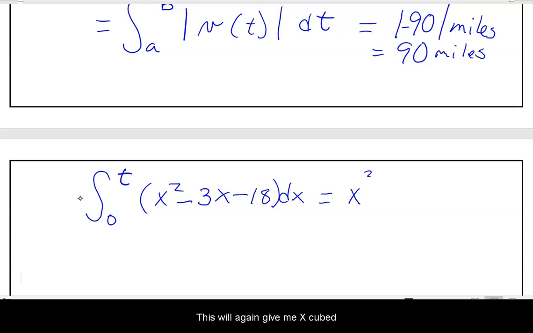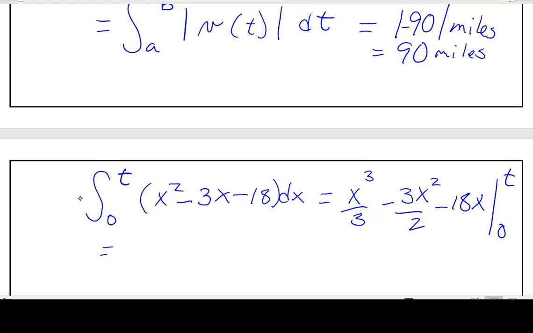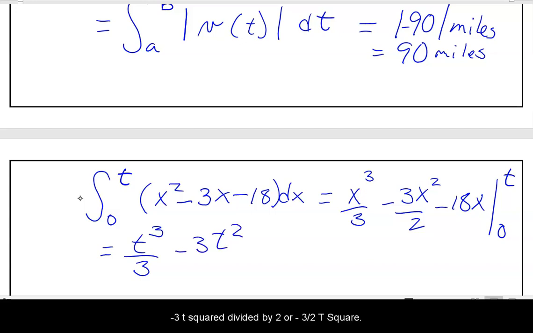This will again give me x cubed over 3 minus 3x squared over 2 minus 18x, evaluated now between 0 and t. This will give me the displacement function, which when I plug in the t will be t cubed divided by 3, or 1/3 t cubed, minus 3t squared divided by 2, or minus 3/2 t squared, minus 18t.